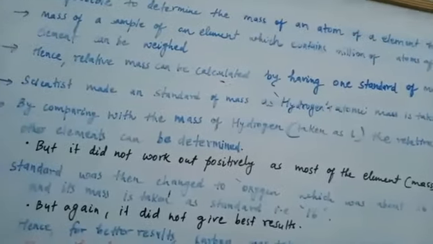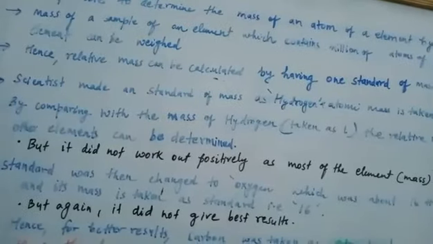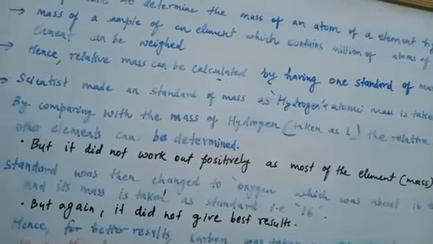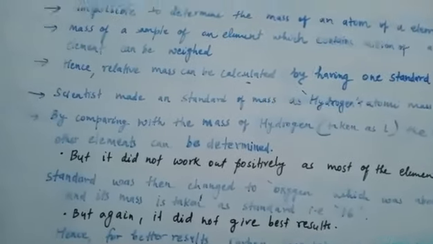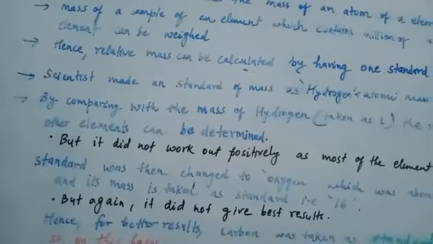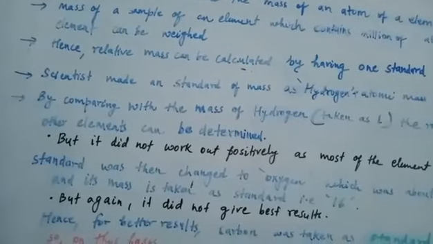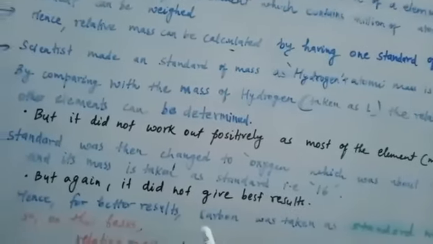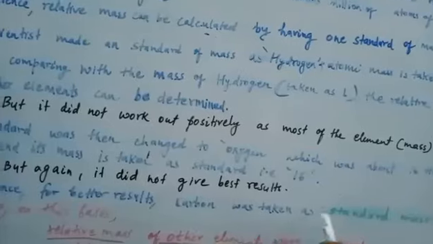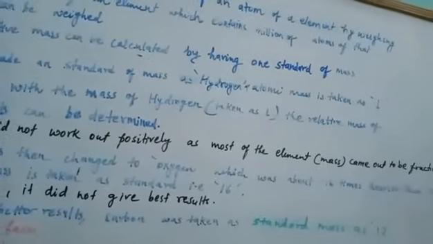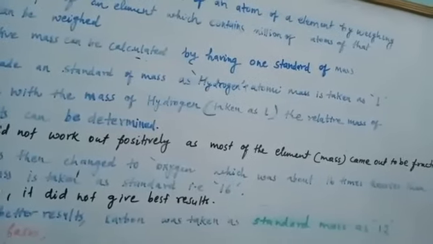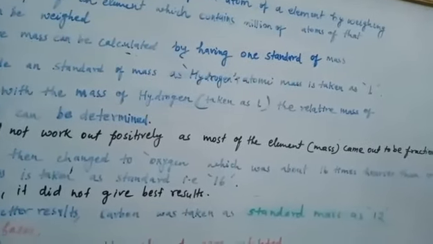Okay, but again they observed that whatever they calculated did not give the best result. So again scientists changed the standard for better results, and carbon was taken as the standard mass, 12, as it was about 12 times heavier than the hydrogen atom. So they kept the standard as carbon 12.